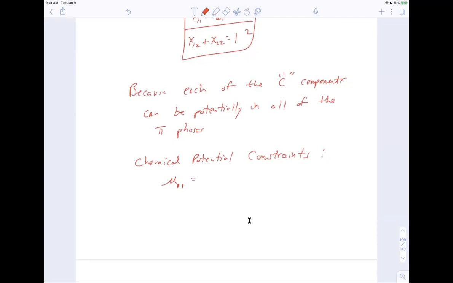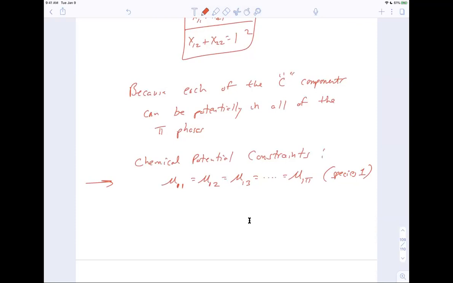The chemical potential of species 1 in phase 1 has to equal the chemical potential of species 1 in phase 2. It has to equal the chemical potential in phase 3, and so on and so forth, up to phase pi. What this is saying is that the chemical potential of species 1 is the same in all pi phases. So how many equal signs are there? Anyone want to take a guess?